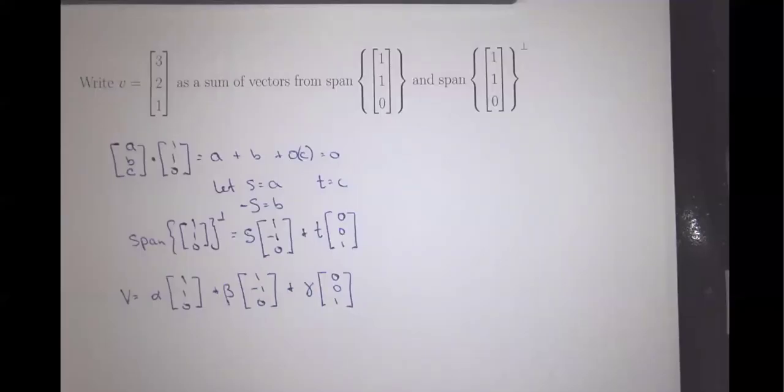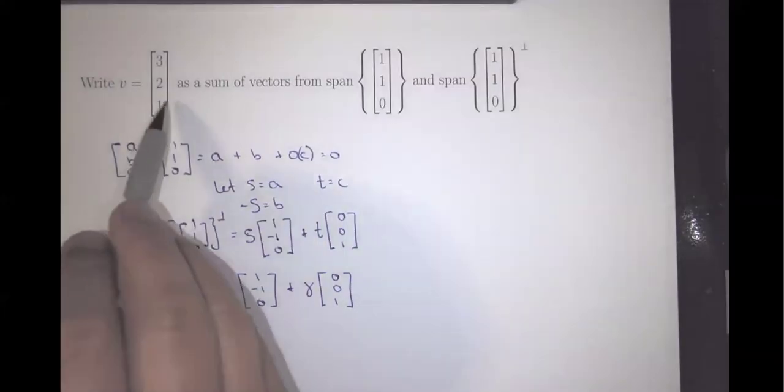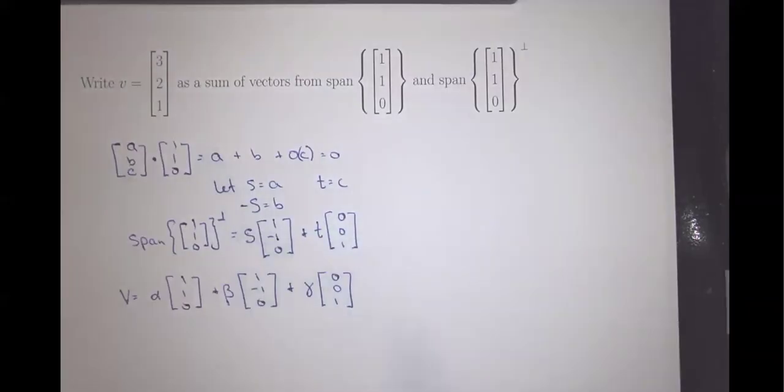Okay. And we can quickly do a little arithmetic here. Obviously, the only thing that deals with the third component is gamma. So to match up my V with this guy, it means that gamma has to be 1.